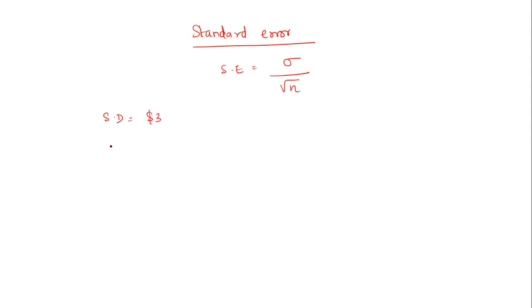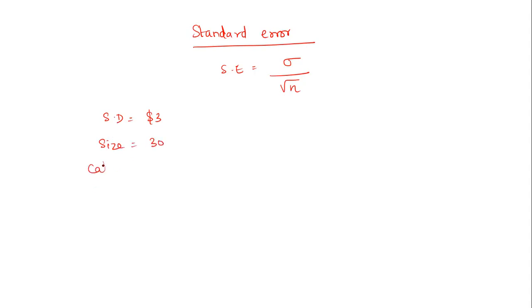The next topic that we will discuss is how to calculate the standard error. The formula to calculate the standard error is sigma divided by root n. We'll see quite a few problems. The standard deviation is given as 3 and the sample size is given as 30.